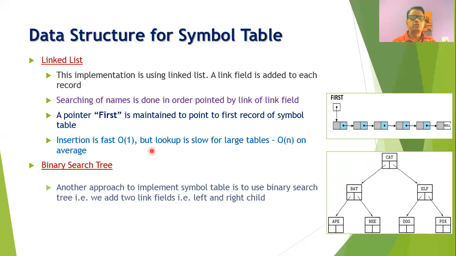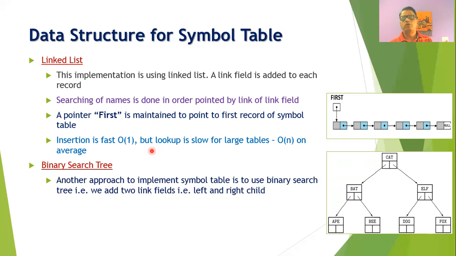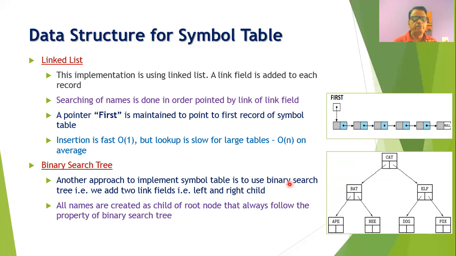Another data structure that is popularly used for the creation of the symbol table is the binary search tree. So the symbol table can be implemented by using the binary tree as shown over here. That is, we can add two fields, the left child and the right child. So every node will have a left child and a right child, so that it will form a structure like a tree.